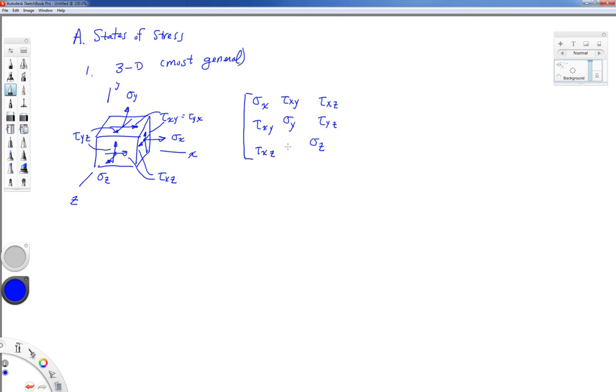You may not have heard the word tensor before, but you've surely heard the word vector. If you recall, a vector can be expressed as a column of numbers, while a tensor can be expressed as a matrix of numbers. And we can do certain matrix operations on this set of components to do these stress transformations.